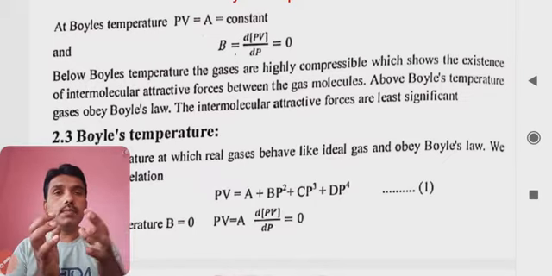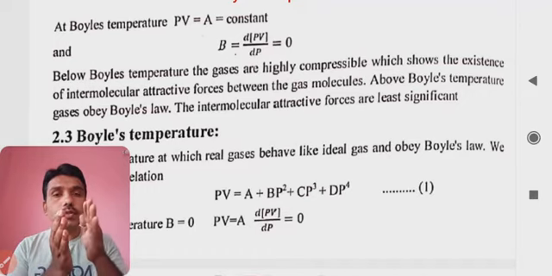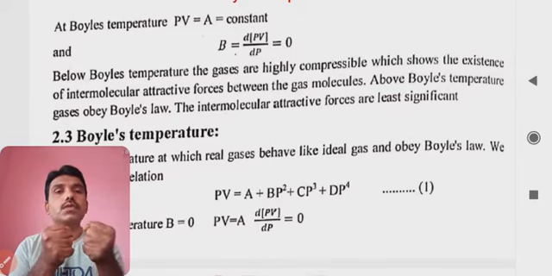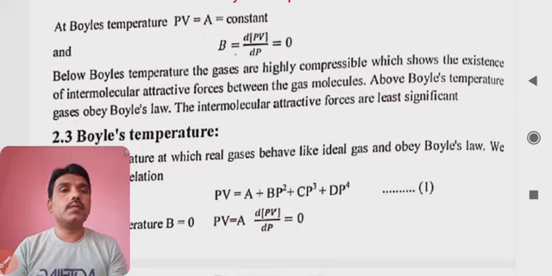But in this case, when below the Boyle temperature, the compressibility of that gas is a little bit higher, and due to that there will be more forces of attraction between the gas molecules. And that is the stage where they are showing the intermolecular forces working between the gas molecules.